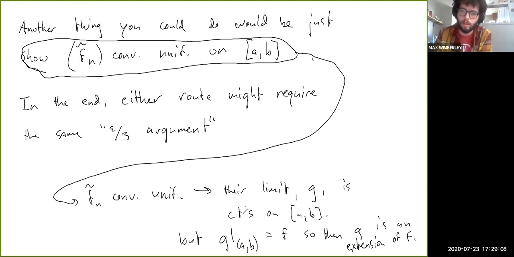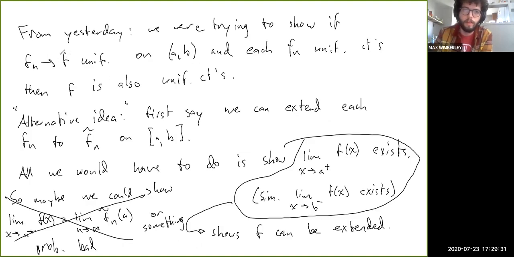It's automatically continuous on the set where the convergence is uniform, which is the closed interval AB. But if G is continuous on the closed interval AB, then G is uniformly continuous, right? But then its restriction is also uniformly continuous, or in other words, it's an extension of the original function F, the limit on the open interval.